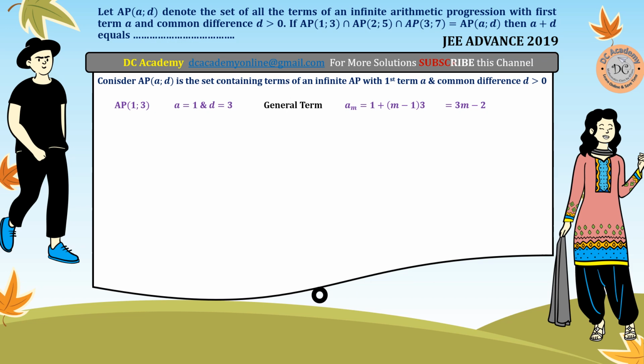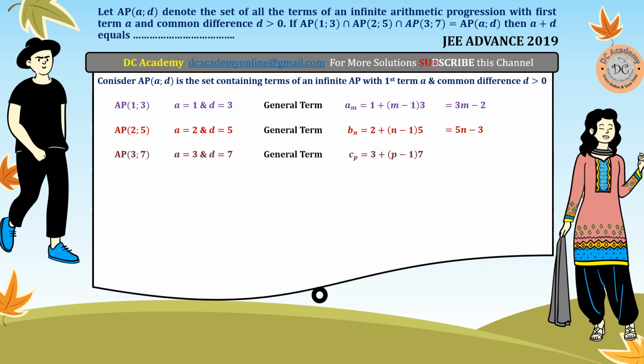Now if we find AP(2, 5), that gives us an arithmetic progression with first term 2 and common difference 5. So the nth term, Bn, is 2 plus (n minus 1) times 5, which gives 5n minus 3. And for the last one, AP(3, 7), the pth term is 7p minus 4.